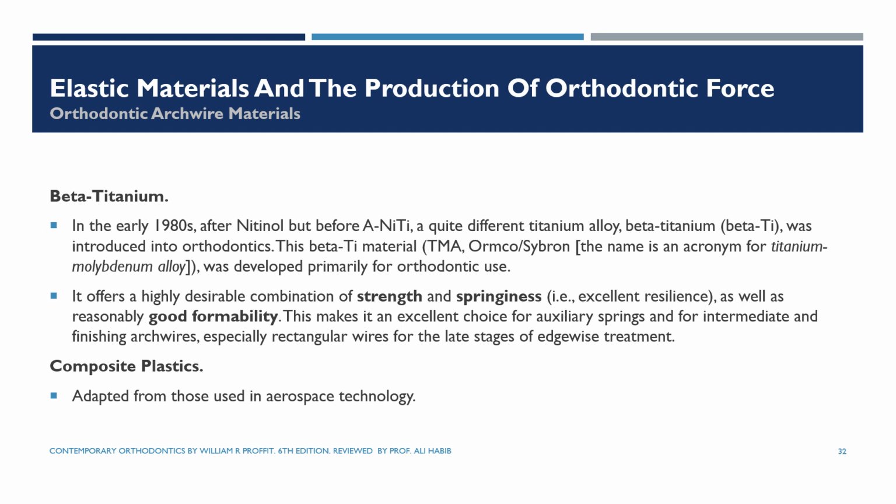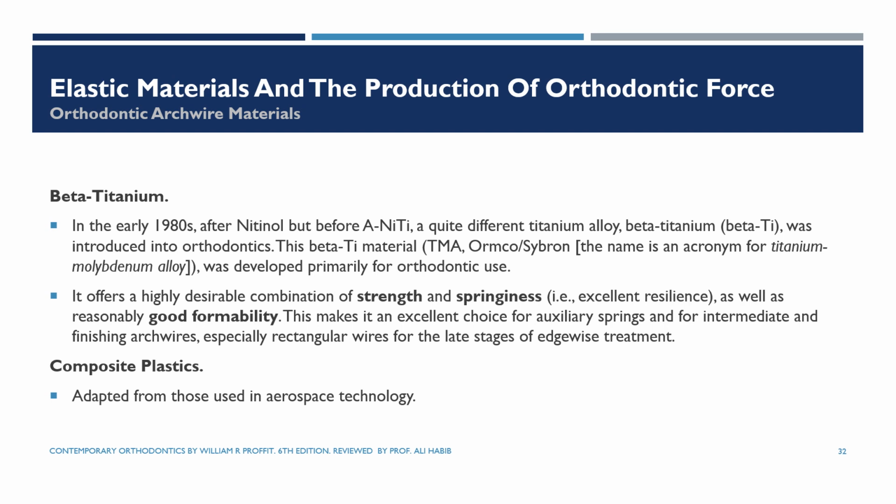And this beta titanium material was developed primarily for orthodontic use, unlike the nickel titanium wires. This wire is somewhere between stainless steel wire and nitinol wire, with a desirable combination of strength and springiness, meaning it has excellent resilience as well as reasonably good formability.